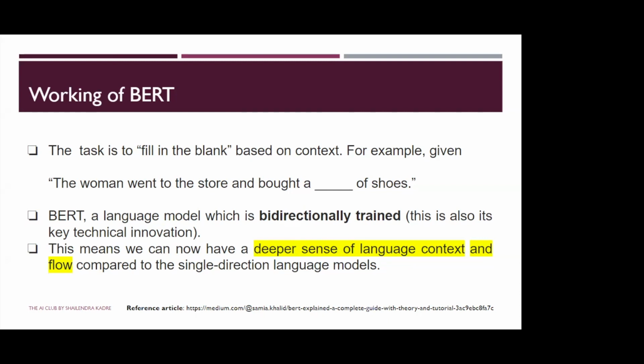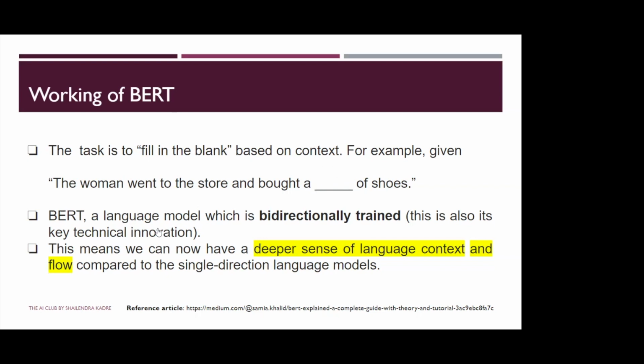You have a sentence, and you fill in the blank by removing some word and making a prediction for that word. So here we have: the woman went to the store and bought a blank of shoes. The general assumption could be a pair of shoes. The task of BERT is to train itself to predict that word, pair.